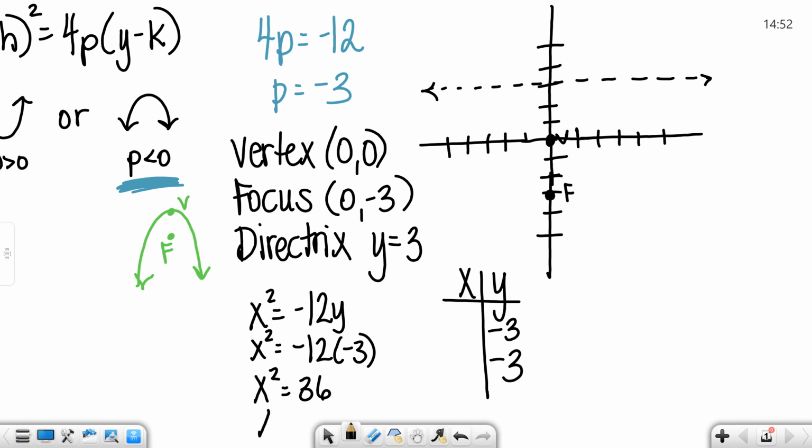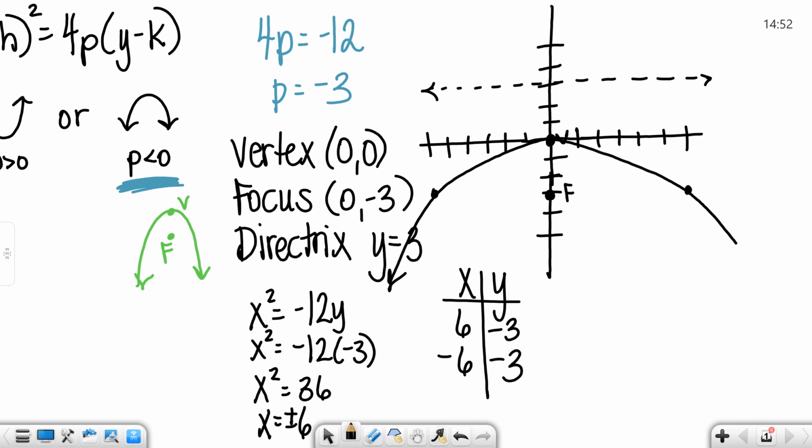I get 36. Oh, when I square root that, I get plus or minus 6. So I get these two ordered pairs. Okay, so I'm going to need to add one right here. So 6, -3, and -6, -3. Yeah, the one I sketched was really wrong. It was a whole lot fatter than what I expected.